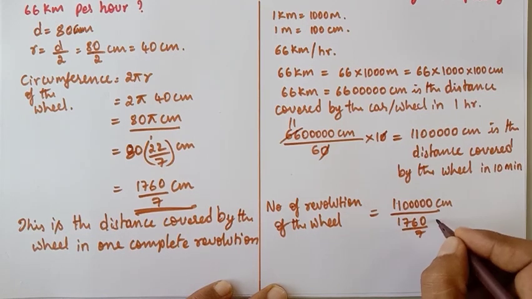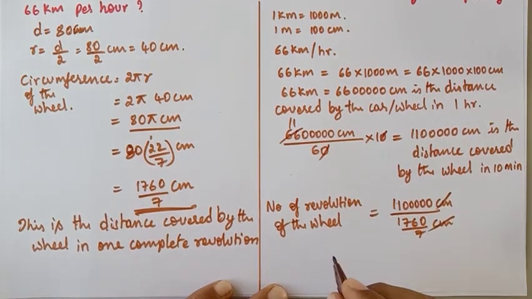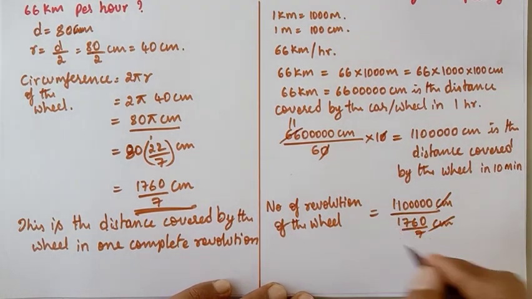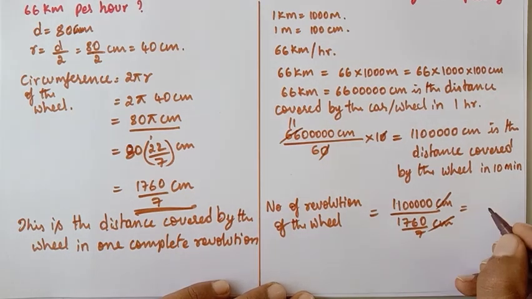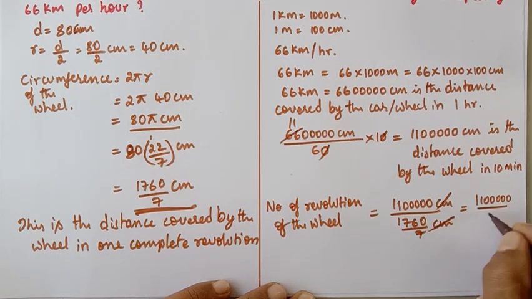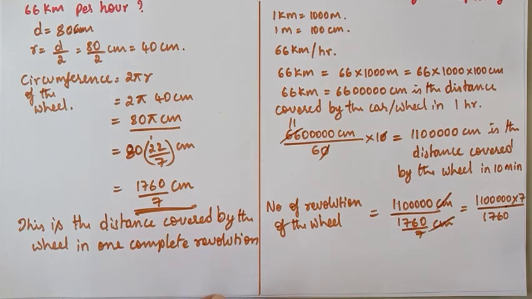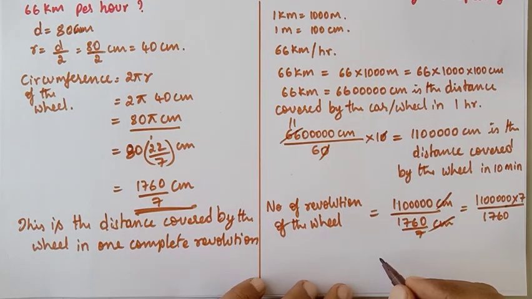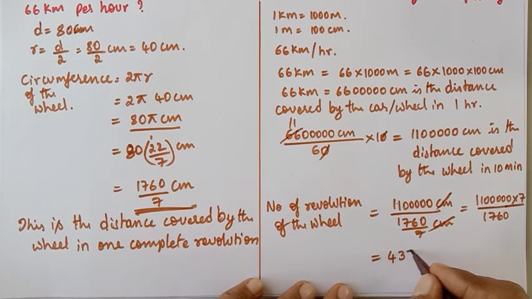This is also centimeter, this is also centimeter, so centimeter cancels here. So we will make cross multiplication. 1100000 into 7 comes to the numerator. So what happens here? It is a simple division. On division we will be getting 4375 revolutions.